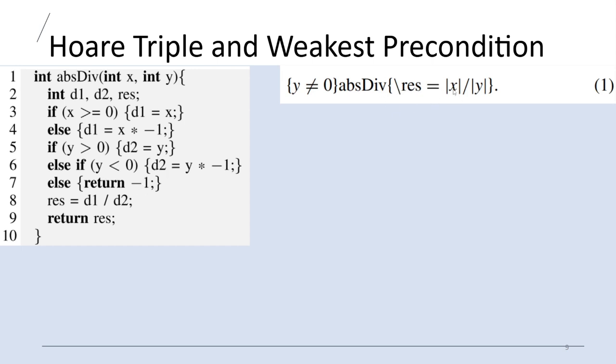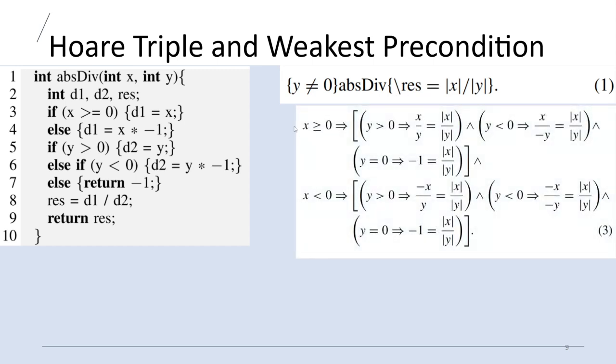And the postcondition is that the result is equal to the absolute value of x divided by the absolute value of y, and we can evaluate this. If x is greater than or equal to 0, y could be greater than 0, less than 0, or equal to 0.